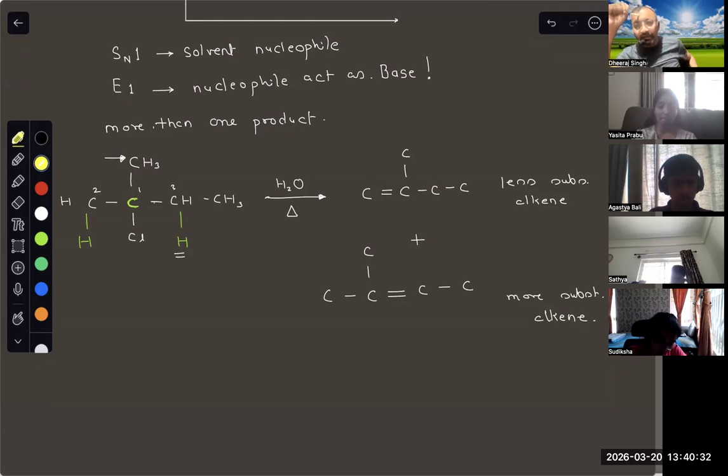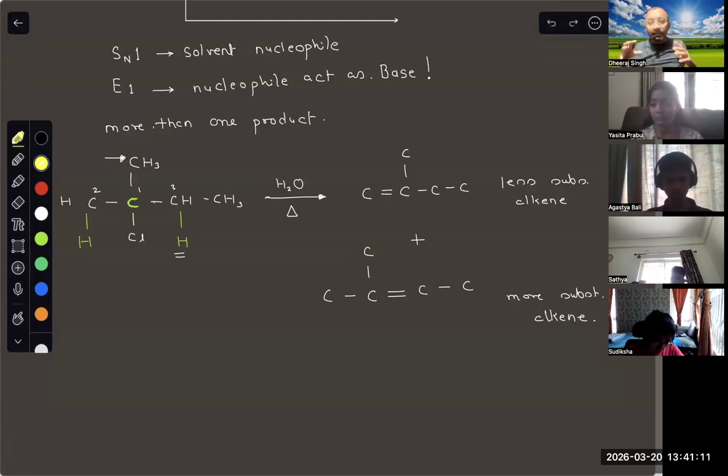You have learned in alkenes, right? Which one is more stable? More substituted alkenes are typically more stable. Why so? Because of hyperconjugation. There is an overlap of the sigma orbital of this carbon-hydrogen bond with the pi orbital of this carbon-carbon bond. Why does this overlap create stability?